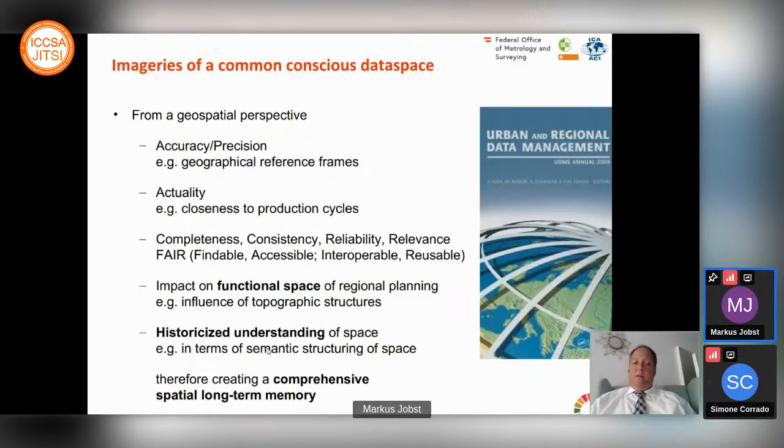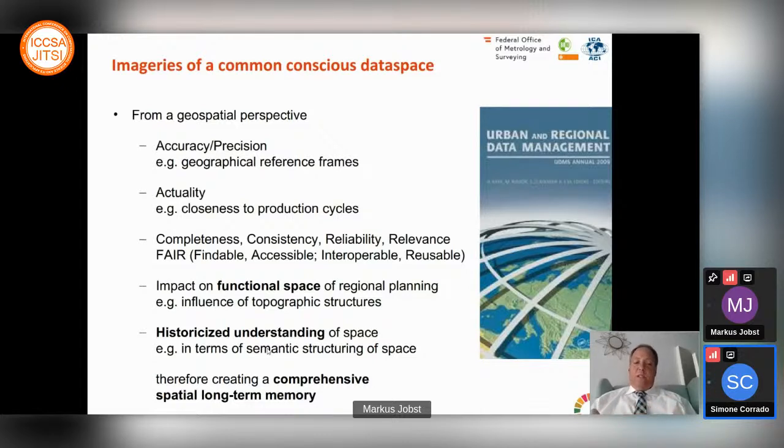But the impact on the functional space of regional planning is enormous because the geospatial aspect is delivering something like the influence of topographic structures, which means if you have a connection between two cities and the shortest connection is going across a mountain, it is not a valid connection then. You have to take the road, of course. And this is what partly is done at the moment and what we need to break up.